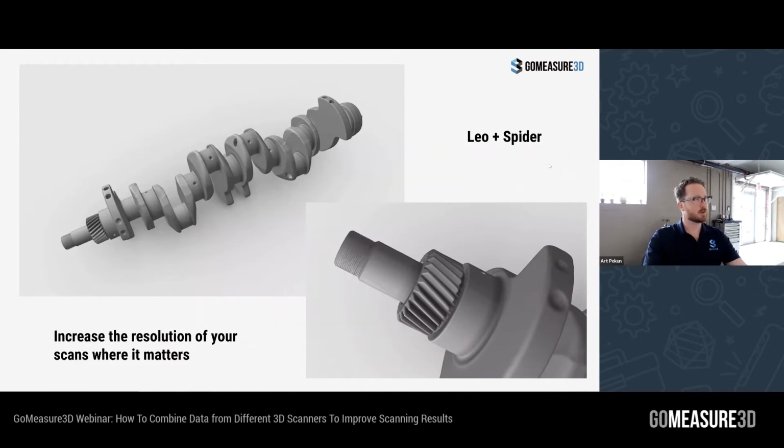This is a really, really large mechanical part that's about 1 meter long. It was scanned with the Leo, and then the Space Spider was used for just the end of it to get the threads, as you can see. That was used to increase the resolution of this part where it really mattered for reverse engineering purposes.